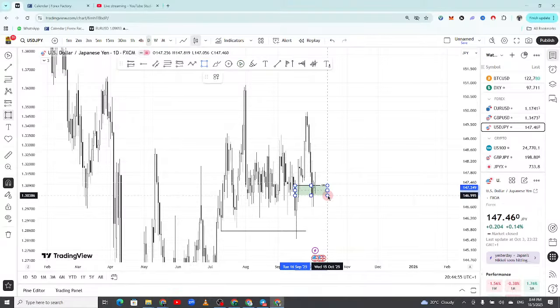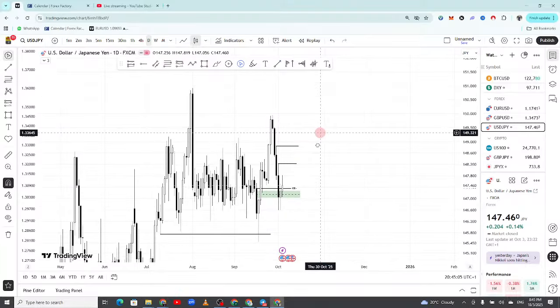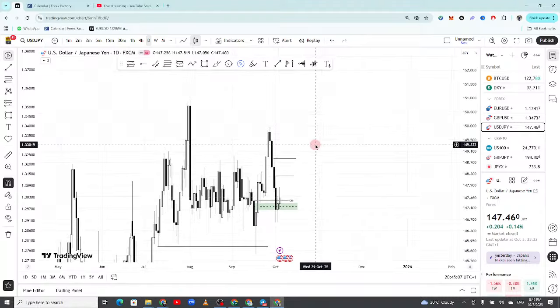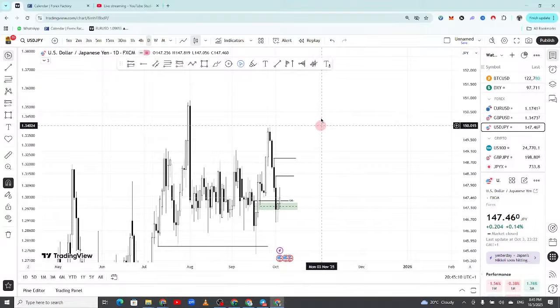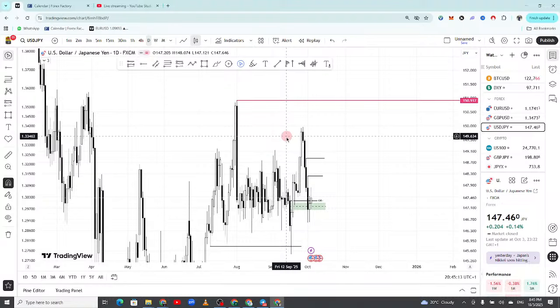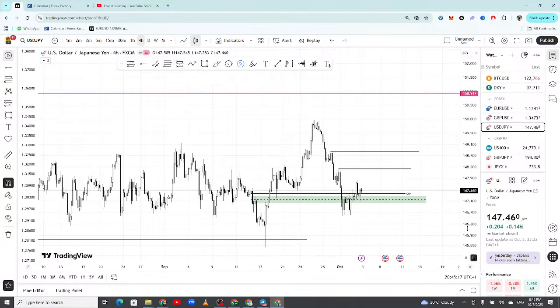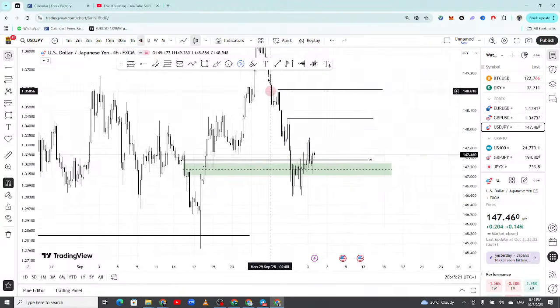Also, price respected this FVG very nicely. So I can expect price to push at least up to this fair value gap here, even this one as well. Higher prices indeed up to this point. So on the 4-hour chart, USD JPY, we are bullish.